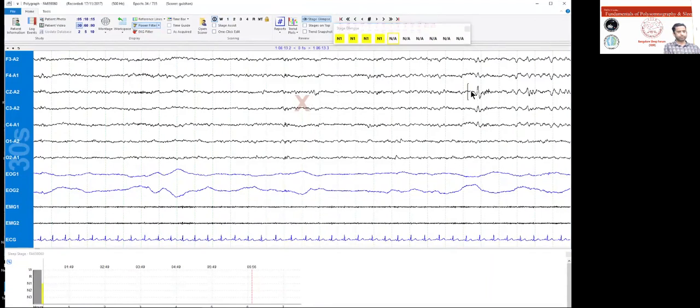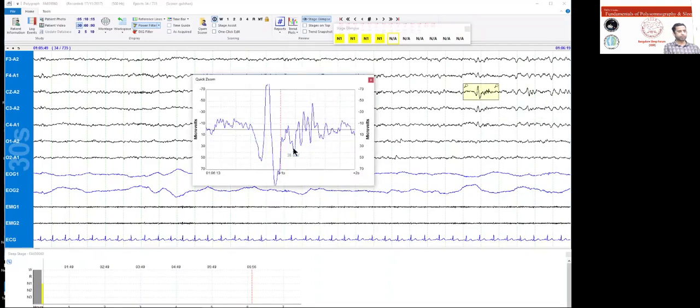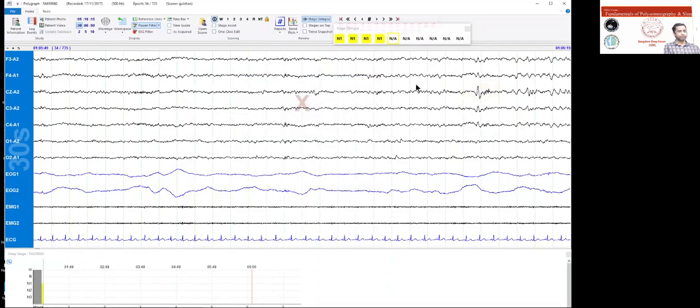You can see here this is a vertex wave coming in N1. Again, vertex wave, N1. We have zoomed in, so this is how it looks.